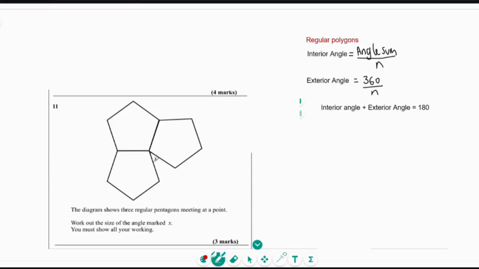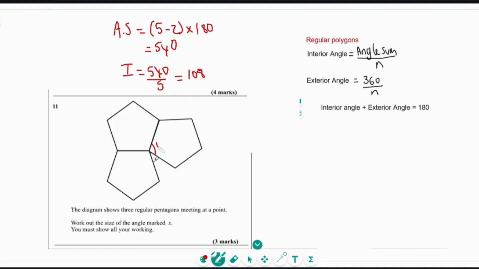Okay, so we've got 3 regular pentagons. So let's get the interior angle of your regular pentagon. The angle sum we need first, n minus 2 times 180, which is 540. So the interior angle, 540 divided by 5, is 108.